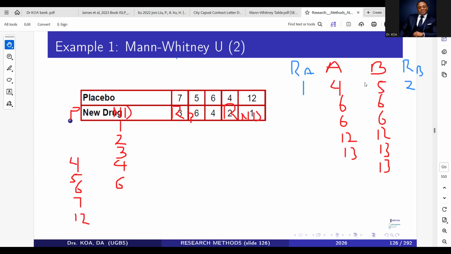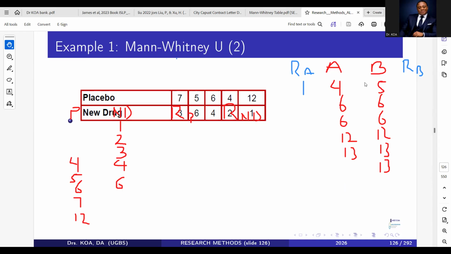Number 3, number 4, number 5, and number 6, they are all a tie, isn't it? Do you agree with that? Yes. Because they are all a tie, you're going to write number 3, because we are starting with 3.